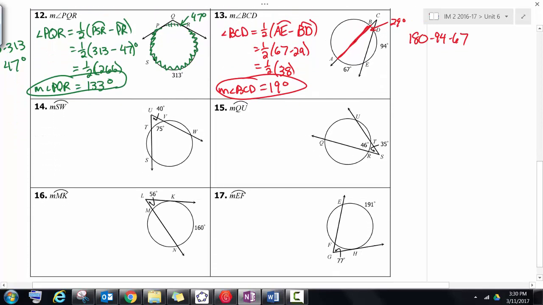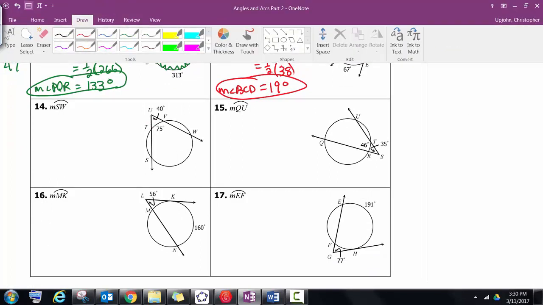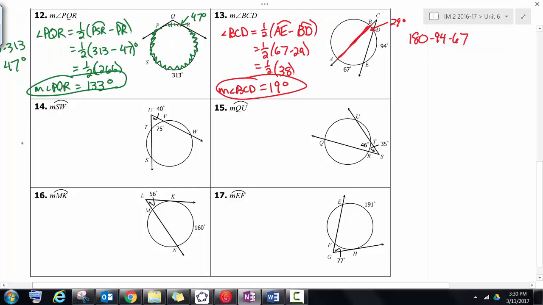Alright, now we have the angle, and we've got to find an arc. And this is why I want us to write out the formulas. So angle TUV is equal to 1/2 arc SW minus arc TV. Well, we do know angle TUV, it's 40. We don't know SW, so we'll just leave that.